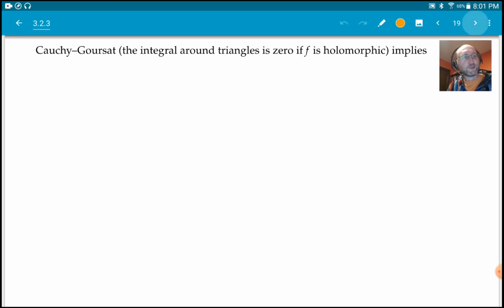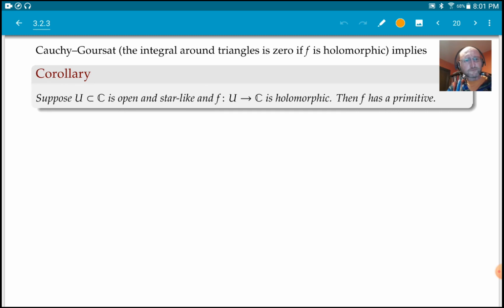Sorry. So if we put together the proposition that we proved and Cauchy-Goursat, we get that if U is open, now you have to put the star-like in there, and F is holomorphic.